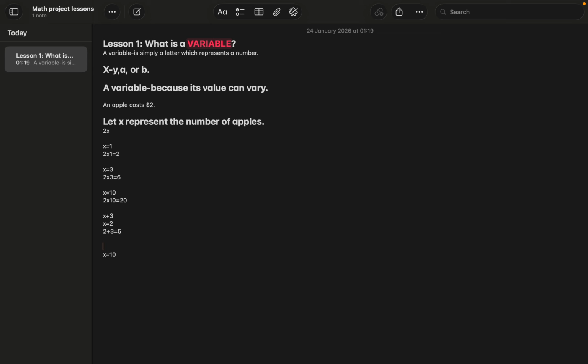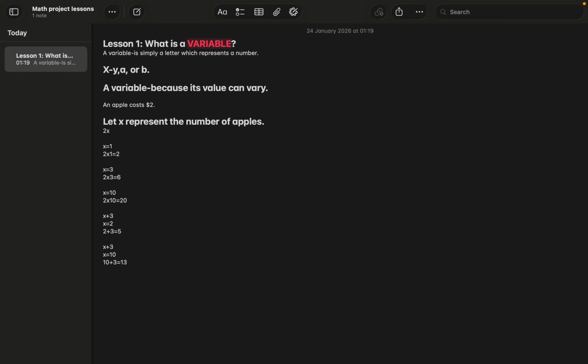Once again, x plus 3. It'll be 10 plus 3, which is 13, right? Same rule, different numbers. So again, x is just a number, nothing more, nothing tough.